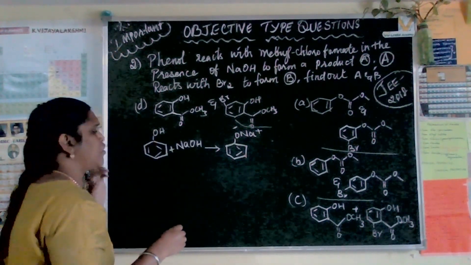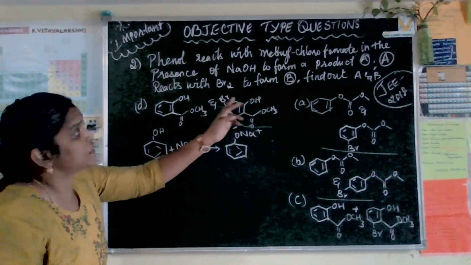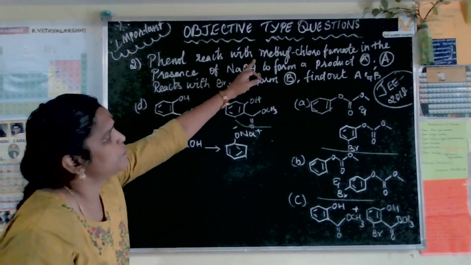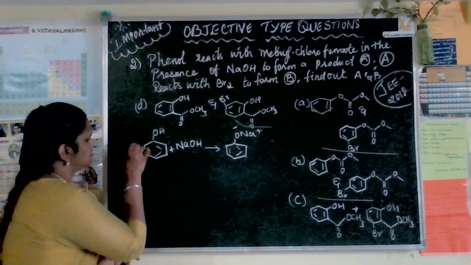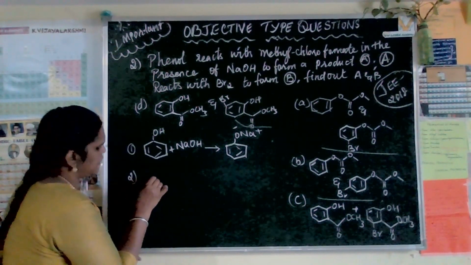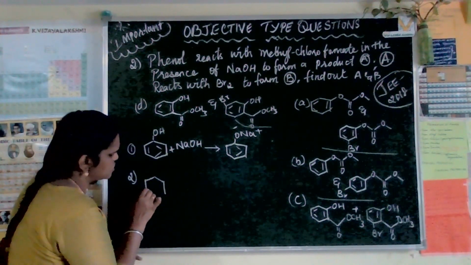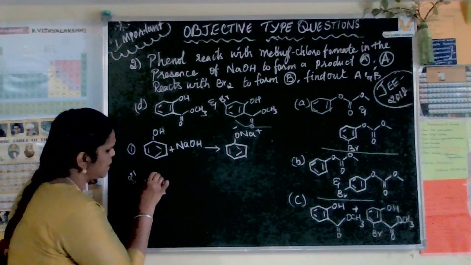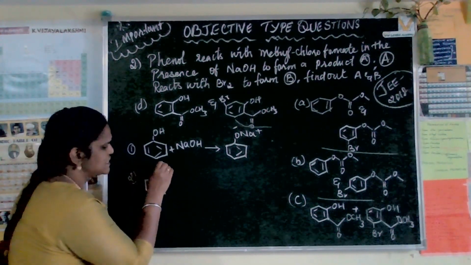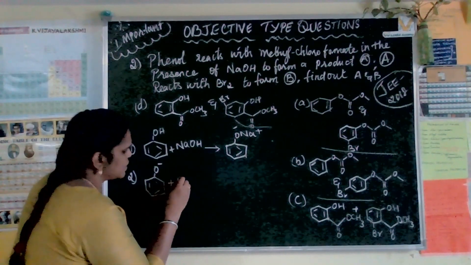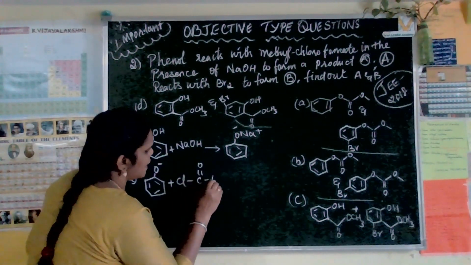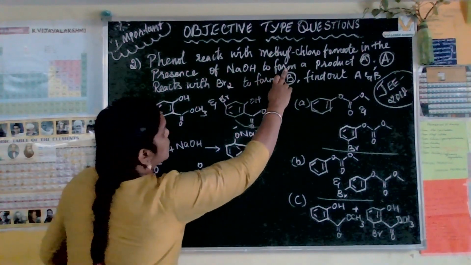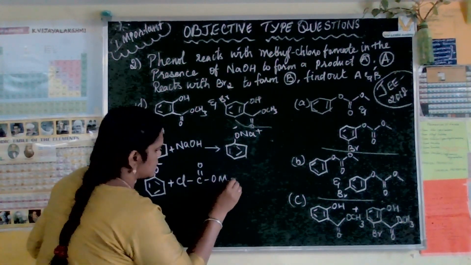So sodium phenoxide reacts with methyl chloroformate. I'll write it. This is the first step, and this is the second step. Here, instead of ONa, I just put O with a negative charge, combined with the chloro OMe, methyl chloroformate.